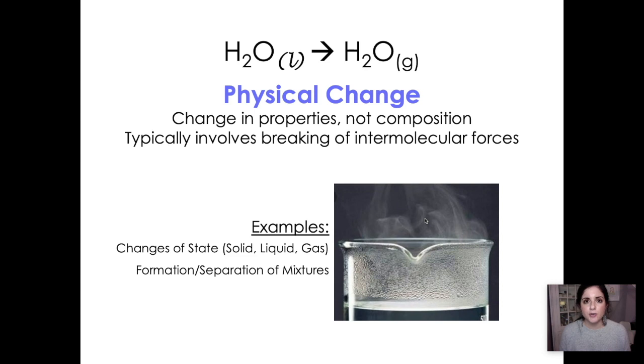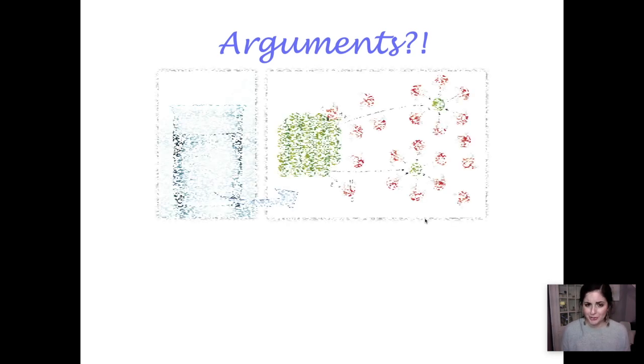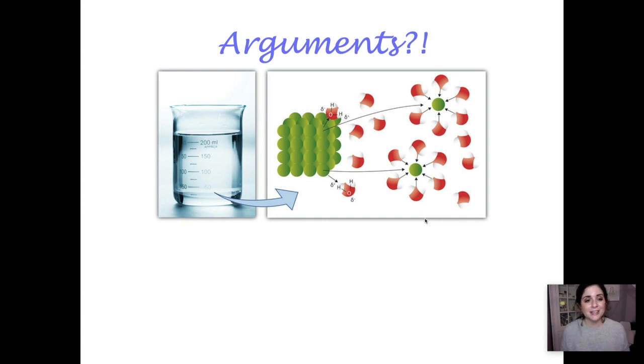But this is an interesting one, because in the chemistry community there are a little bit of arguments about this. Is making a solution a physical change, or is it a chemical change? So here it is. I have salt, I dissolve it in water. You've seen something like this before.